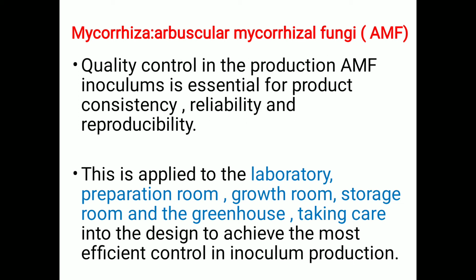If you want to produce AMF, it should have a laboratory, preparation room, growth room, storage room, and greenhouse, with care taken in the design to achieve the most efficient control in inoculum production. That means these kinds of facilities or rooms are required for the mass production of AMF.